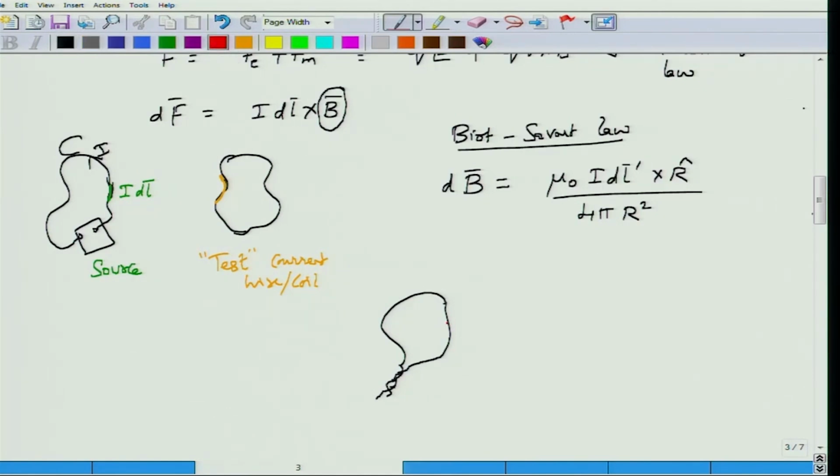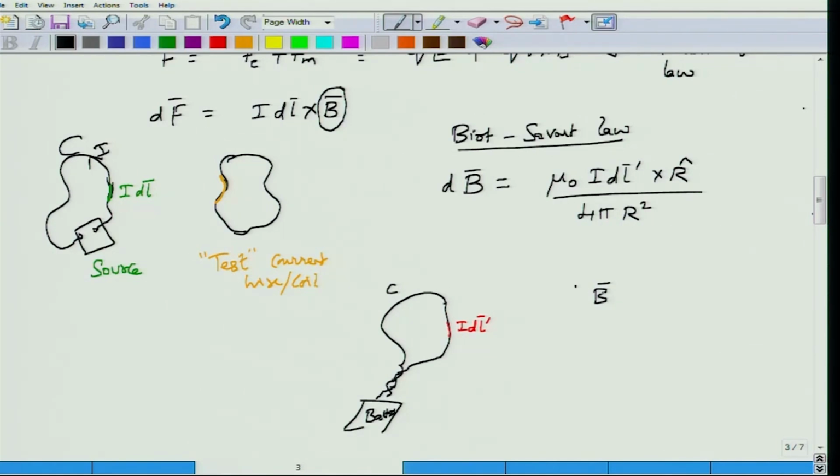And on this circuit I am considering a very small element I dl prime. It has a certain orientation, and it is carrying a steady current of I. Of course, here I am going to connect this one to some battery, and I am looking at the magnetic field at some point over here in space, the B field, because we are going to soon see that B is not what is conventionally called the magnetic field. We will come to that one.